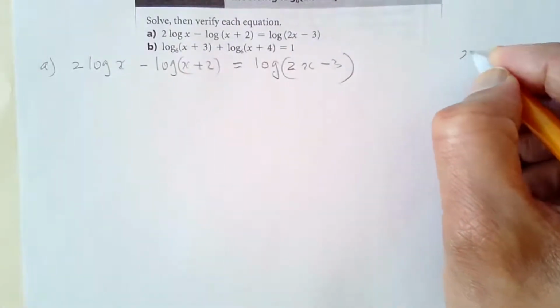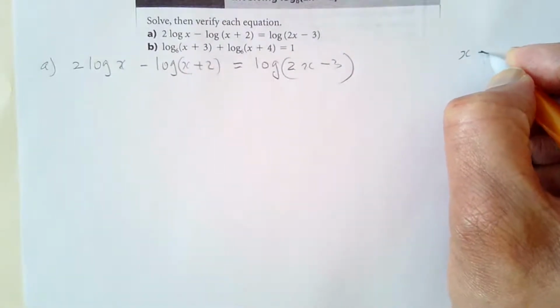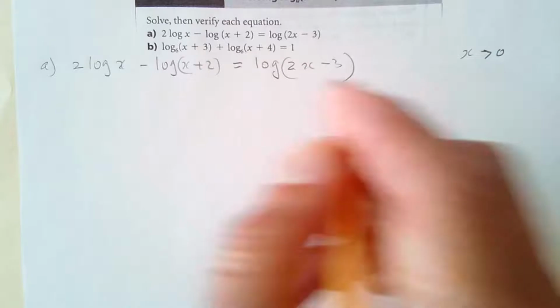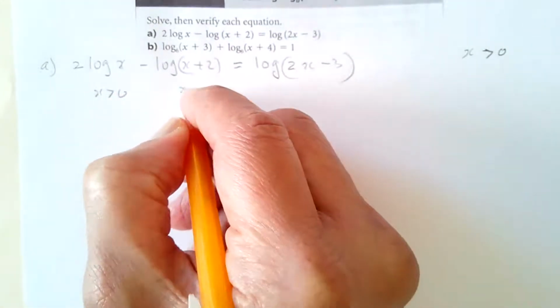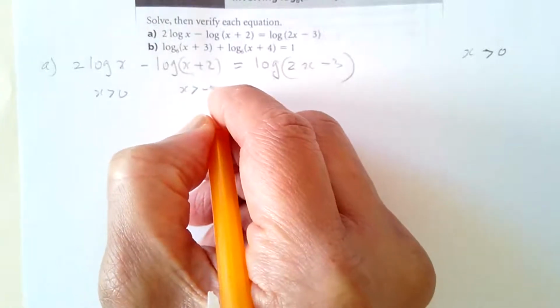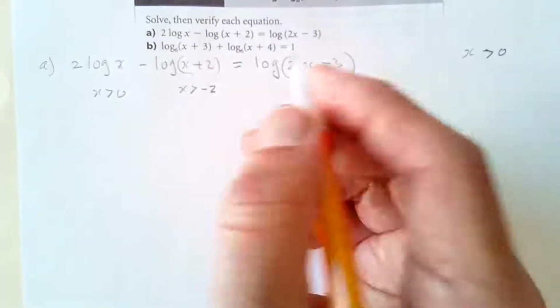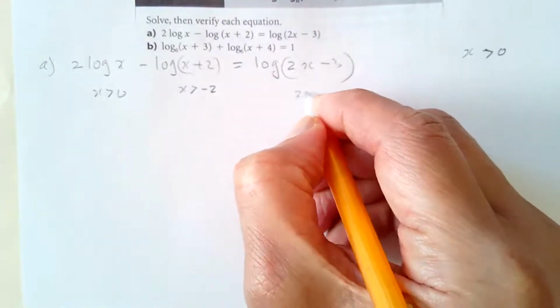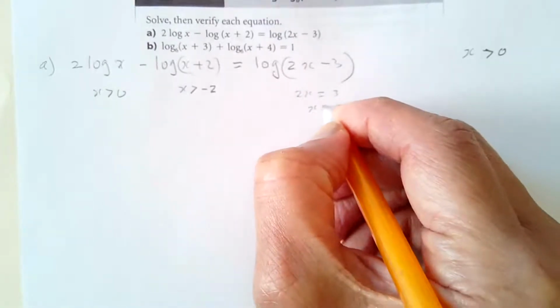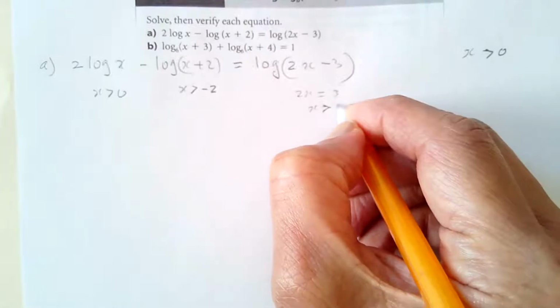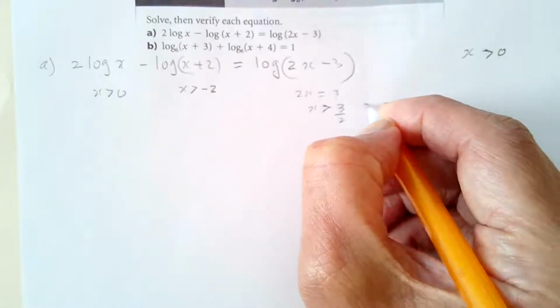For this one, x has to be greater than negative 2. And here, 2x minus 3 has to be greater than 0, so x has to be greater than 3 over 2, or 1.5.